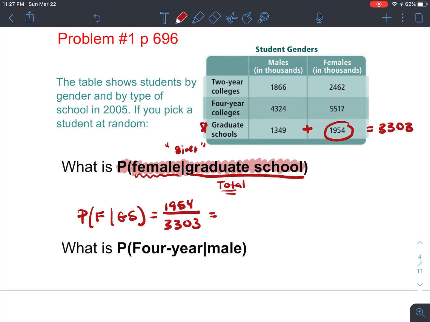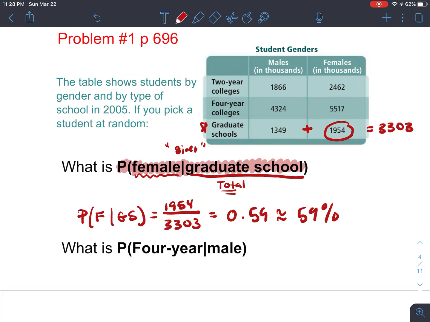Okay, now this fraction doesn't reduce, but unless you're a wizard with fractions, that might be something challenging. So I'm going to write it as an approximate decimal, 0.59, which is about 59%. Okay, so there's a 59% chance that the person you pick is female, given that they are in graduate school. So let's pause the video and try the second one.